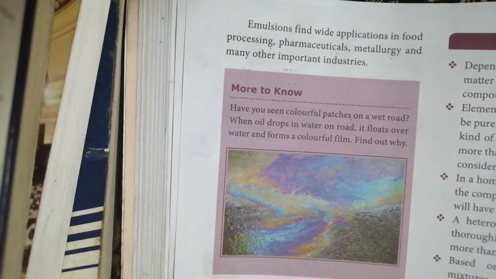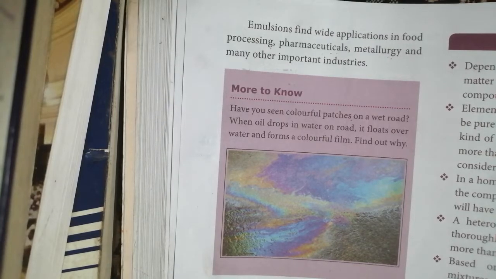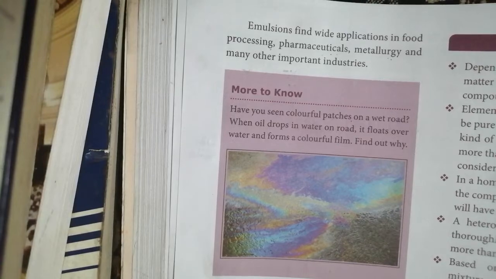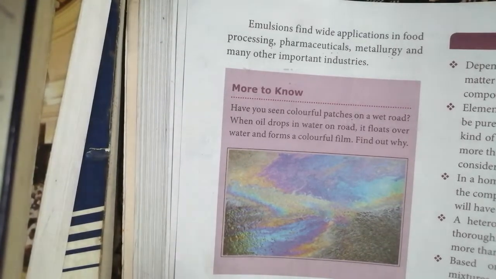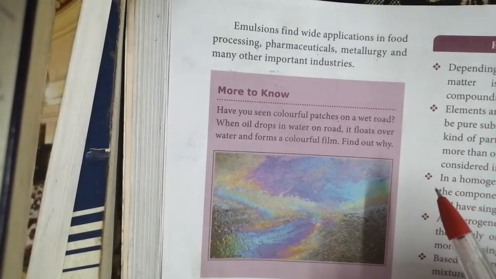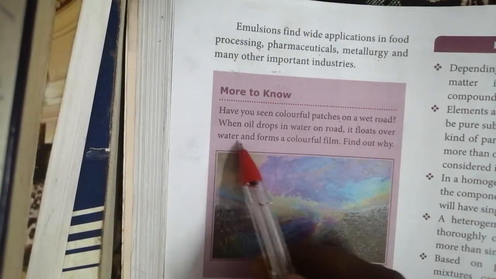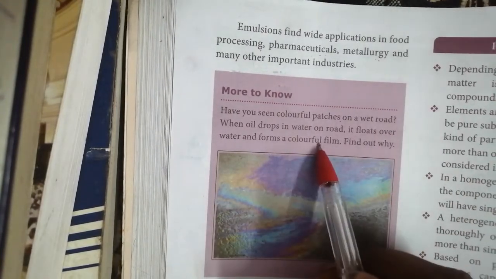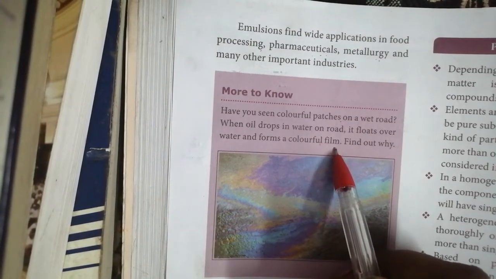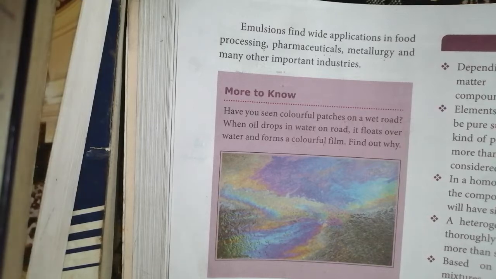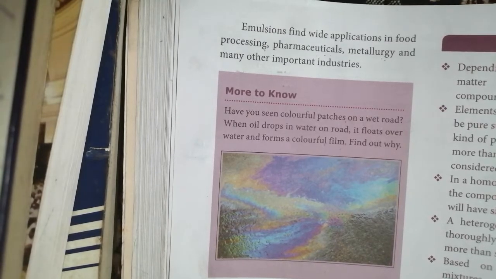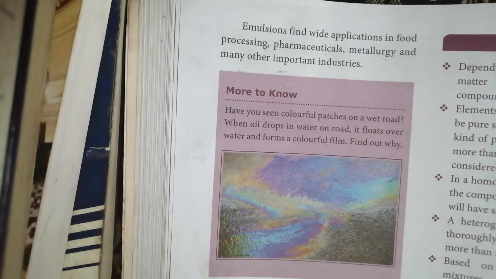When it falls on the road, the road surface may contain some petrol and diesel. So it floats over the water and forms a colorful film, because that oil, that petrol or diesel, has a density lesser than water.